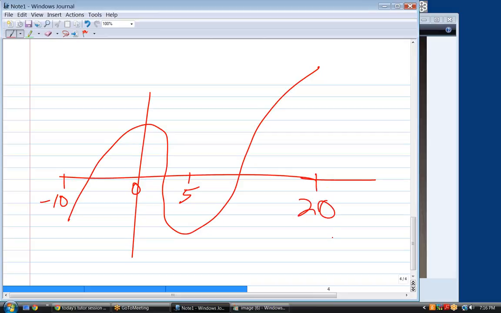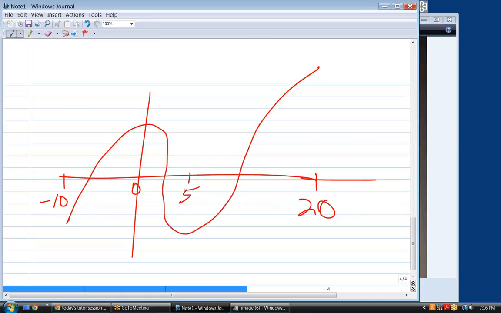Where is it increasing from? It increases from negative 10 to 0. In other words, you always read the x-axis when you're identifying where it's increasing. You don't read what the y-axis is doing. We're interested in what we're doing on the x-axis.